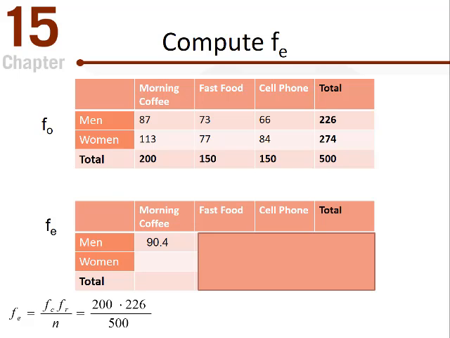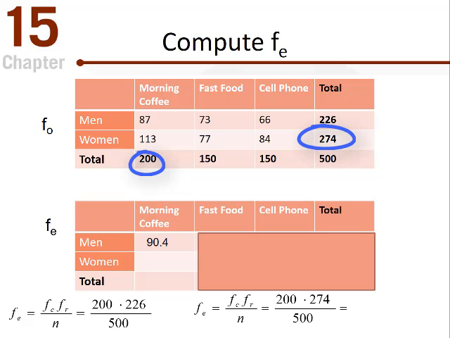Let's do the cell for women and morning coffee. Again, row total of 200 times column total of 274 divided by 500. That's 109.6. You'll notice when you add those two up that it has to be the total that we had in our sample. So you have to come up with the 200 again.